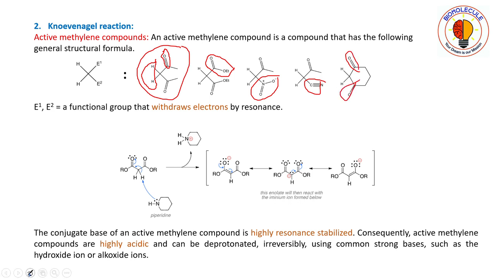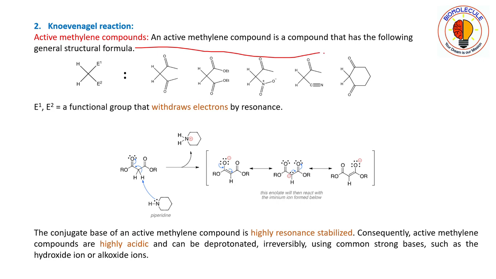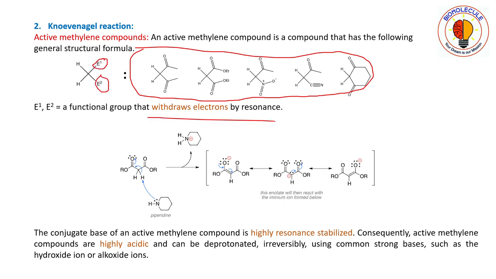So these are a few active methylene compounds. Here E1 and E2 have electron withdrawing nature, that is, E1 and E2 are electron withdrawing groups, and the electron withdrawing nature here is occurring through resonance.